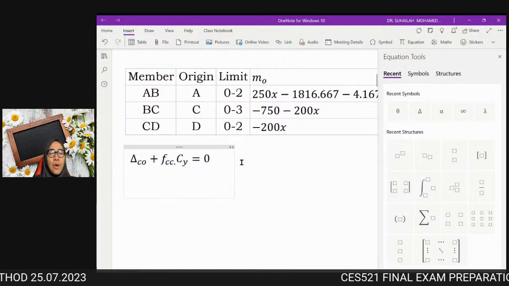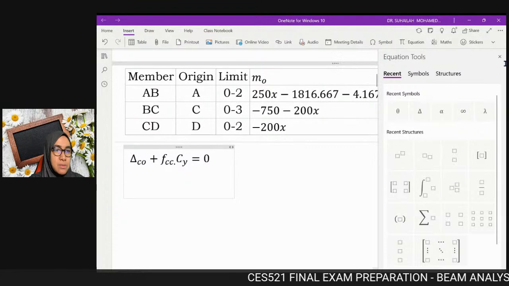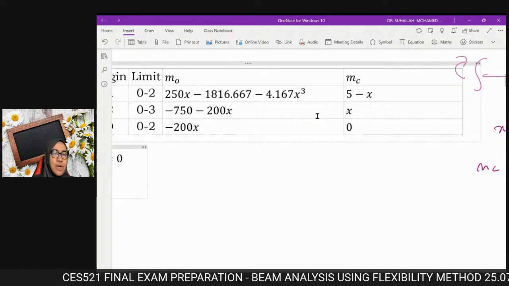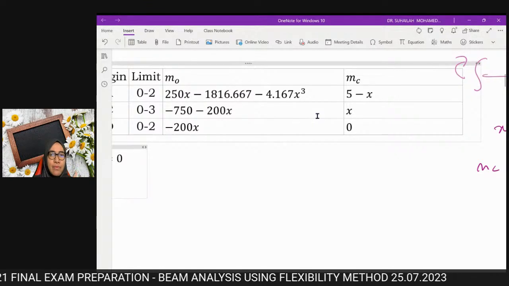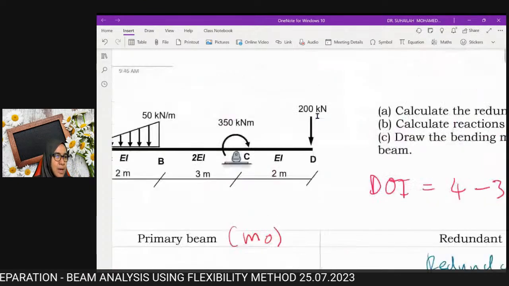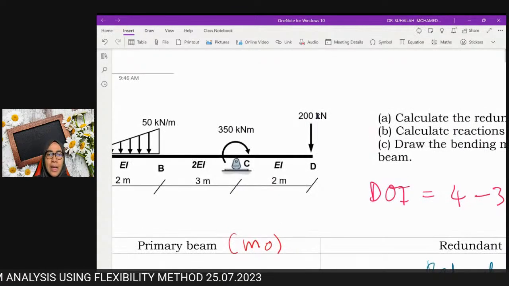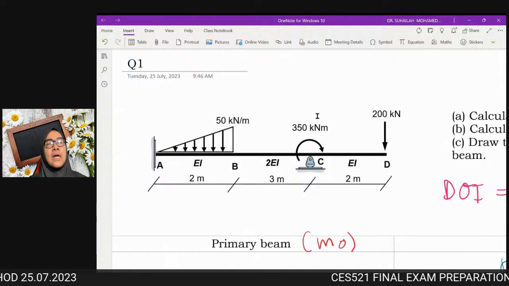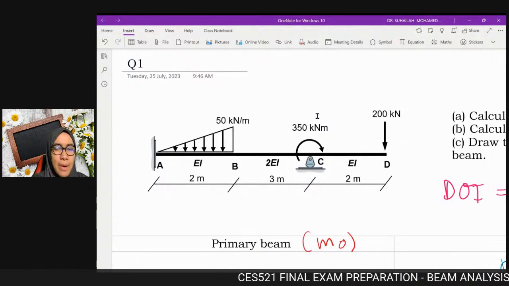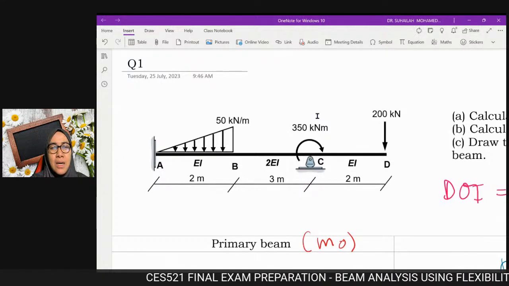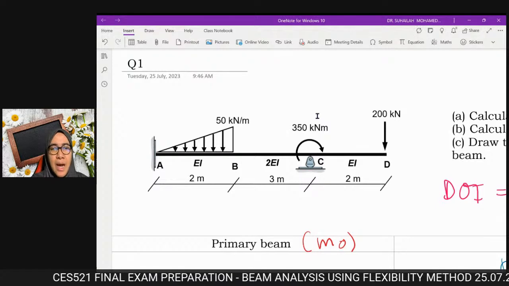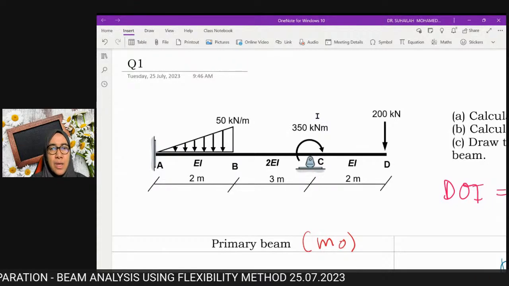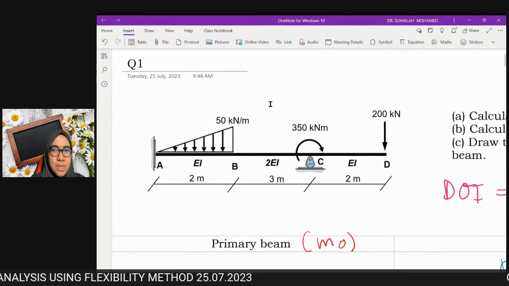So now we will integrate the moment equation. And don't forget the EI: we have EI, 2EI and EI. We can solve in terms of EI, but we have to consider this EI in the formula. Okay, the EI, 2EI and EI, so that is not constant.